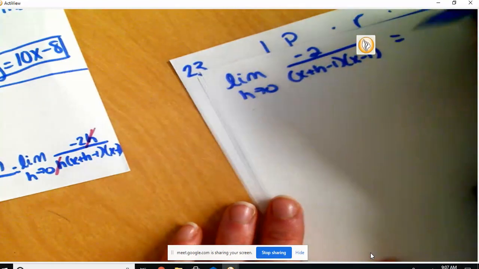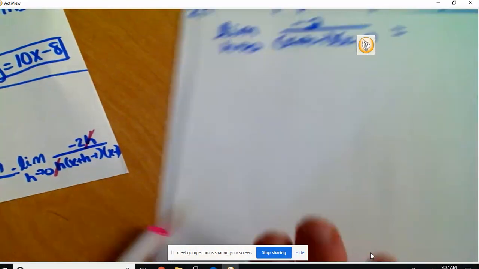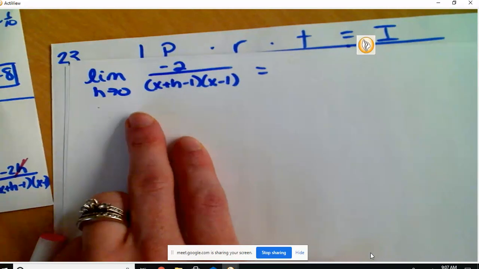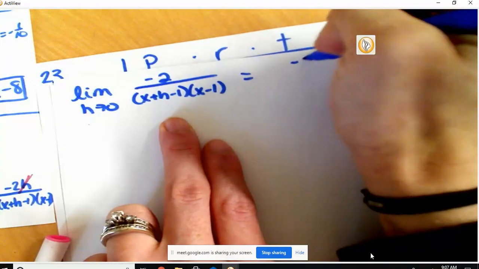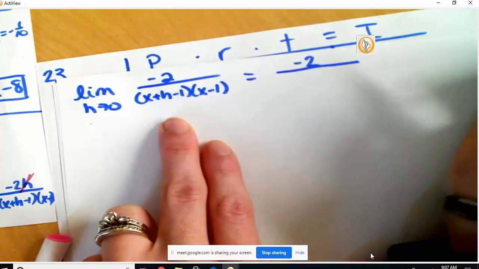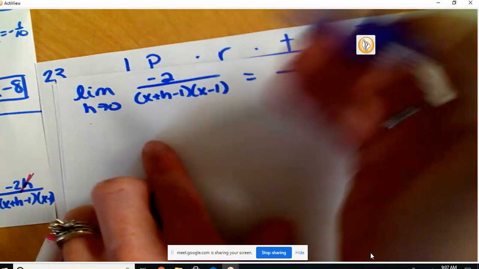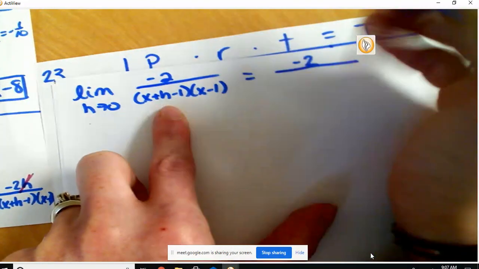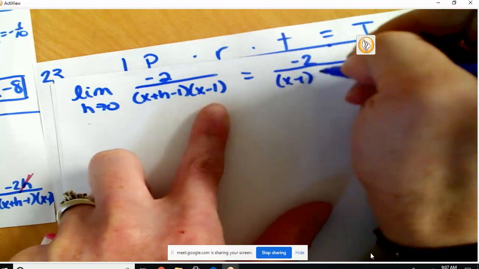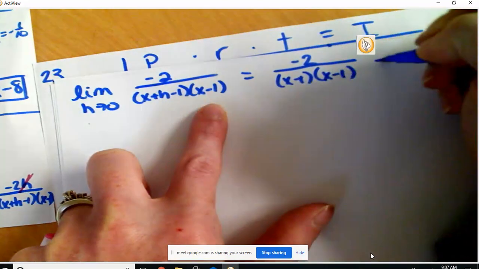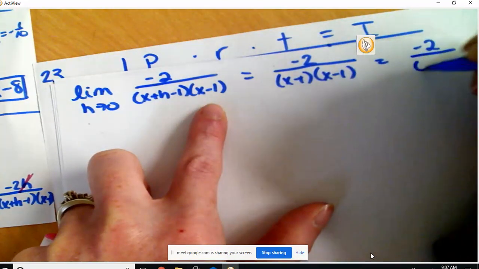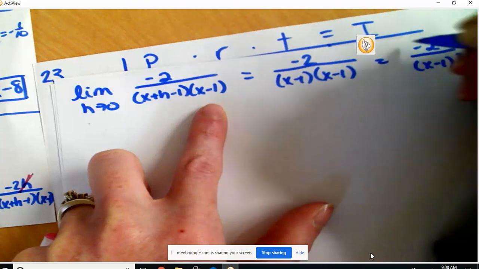Now the deal is we can plug in as long as we're not getting 0 on the bottom. At this point, I'm no longer getting 0 on the bottom. So this is the step where I quit writing my limit. You better have it written on every step until then. So if I plug a 0 in for this h, I just get an x minus 1. Here's an x minus 1. So you could put negative 2 over x minus 1 squared.